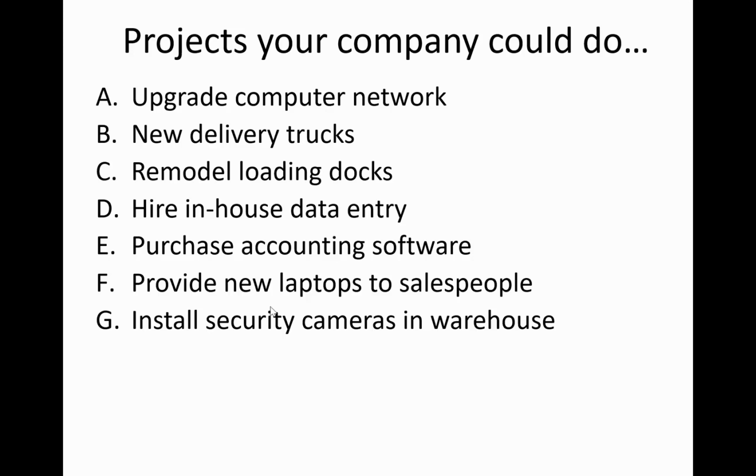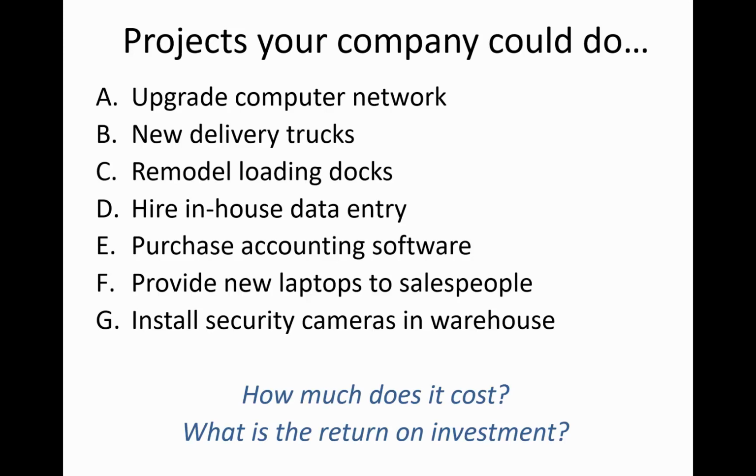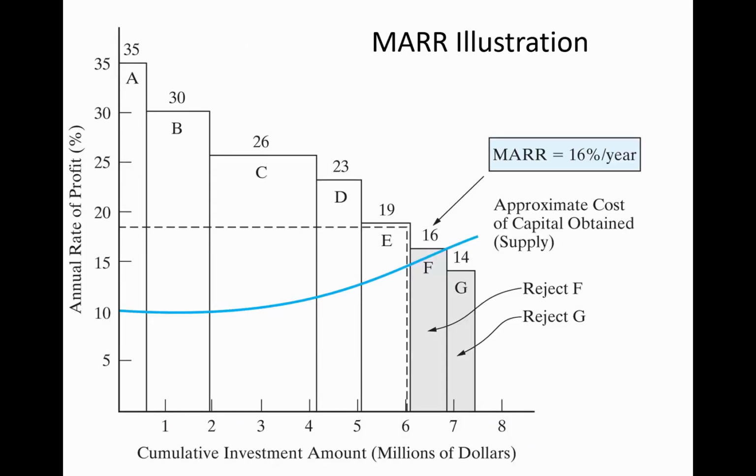So we take these possible projects and analyze how much each costs and what the return on investment is. And then we graph that on top of our earlier diagram of risk.